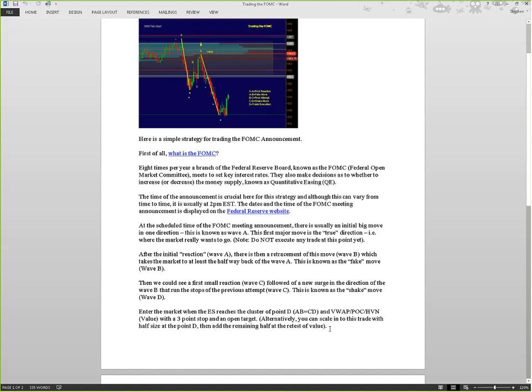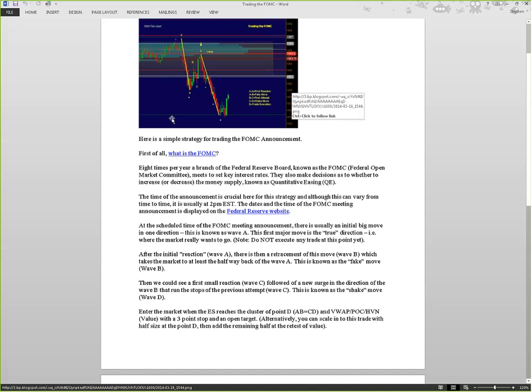Now, the key with this is that this is normally what happens. If we have lots of crazy whippiness after this, and keep in mind, on this particular chart, this is a 1600 tick that it's being measured on. I don't really trade on a 1600 tick chart, but for the purposes of just illustrating the pattern in general, I like this one best.